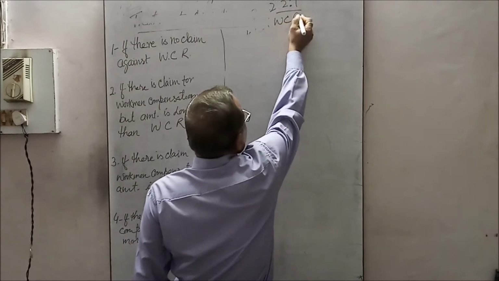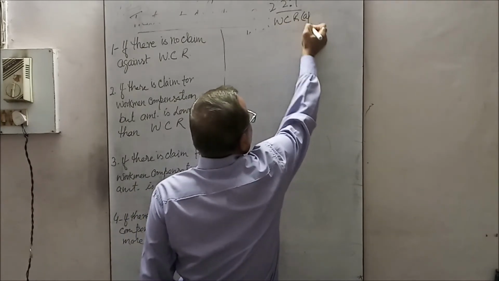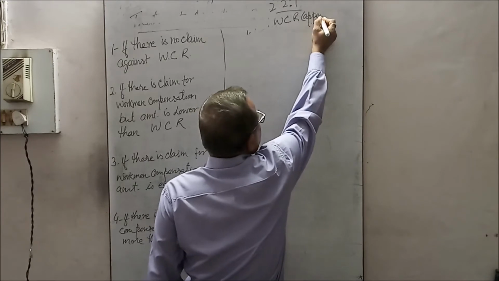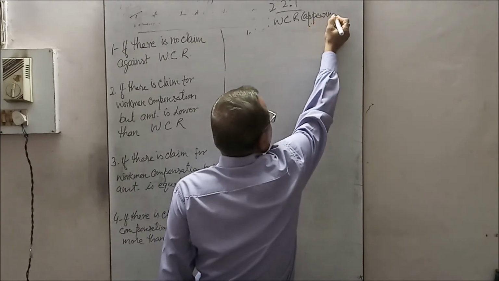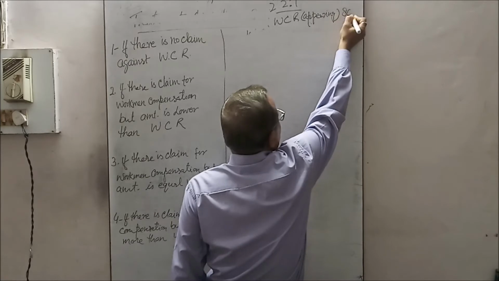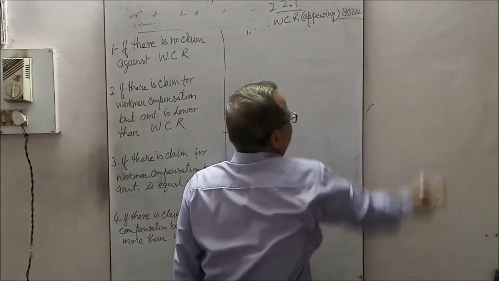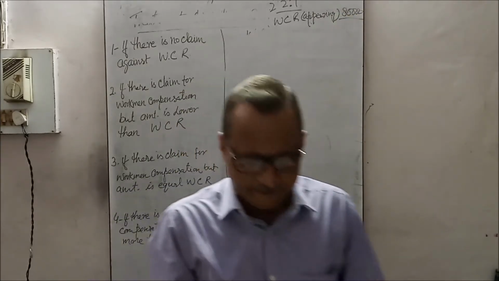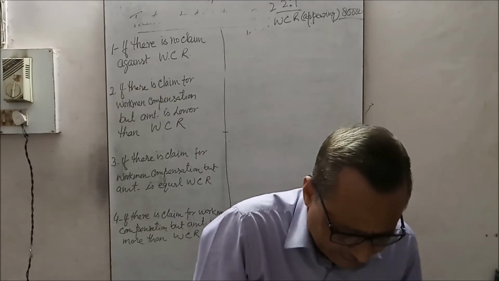WCR appearing, where it will appear, on the liability side, 80,000. This is the amount of compensation reserve already appearing. Now there are several cases.